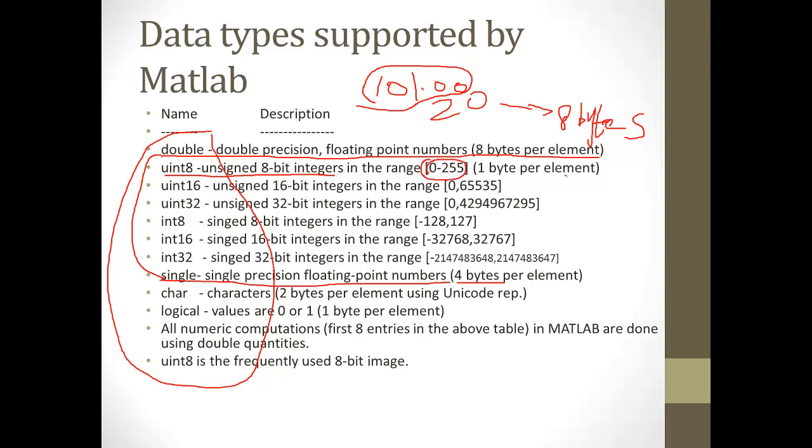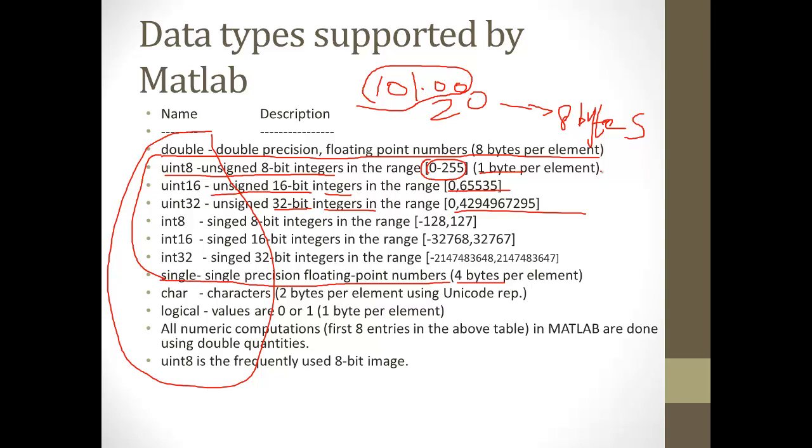Each element of an unsigned 8-bit integer is represented by 1 byte. Besides, we also have unsigned 16-bit integers. The range of the numbers will be bigger. And also unsigned 32-bit integers. The range is also very big.